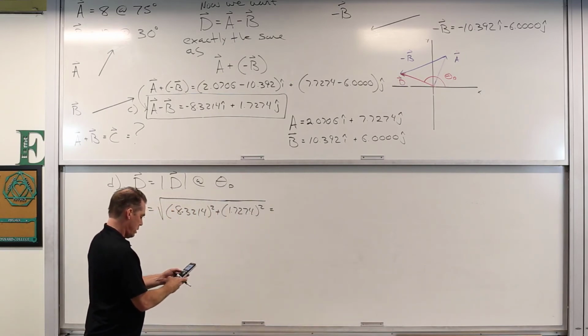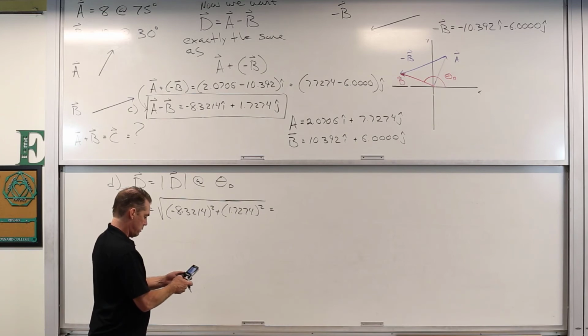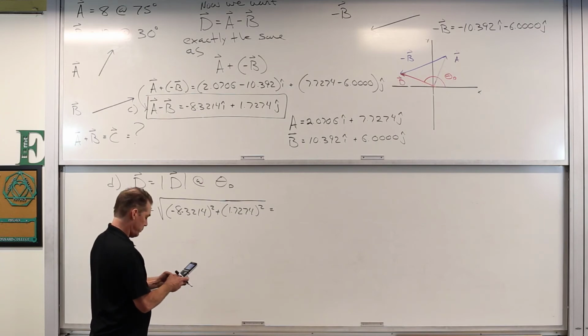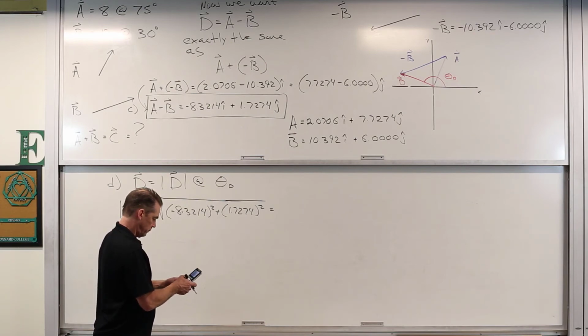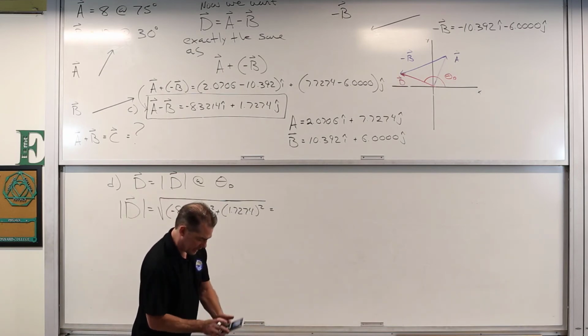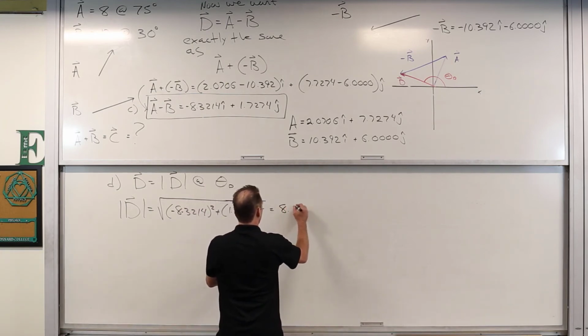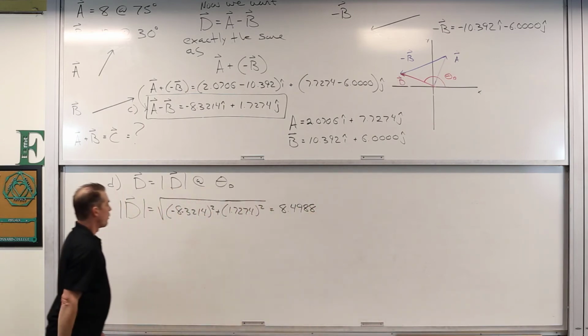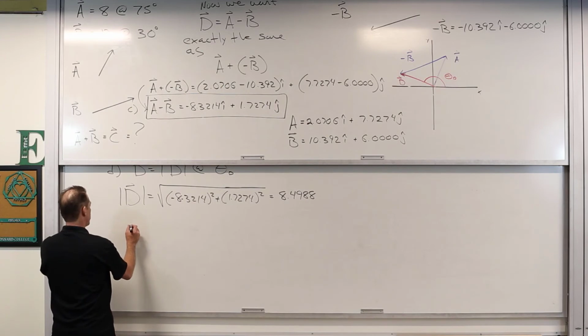Square root of that is 8.4988. There is the overall magnitude, and then we've got ourselves the direction.